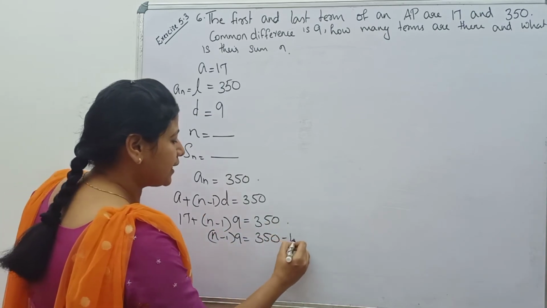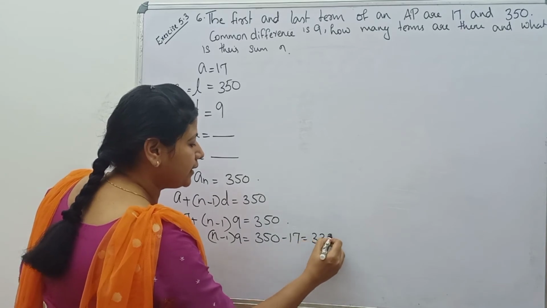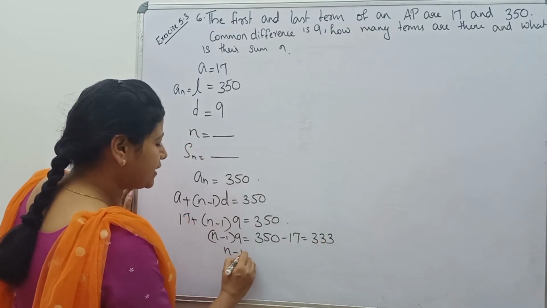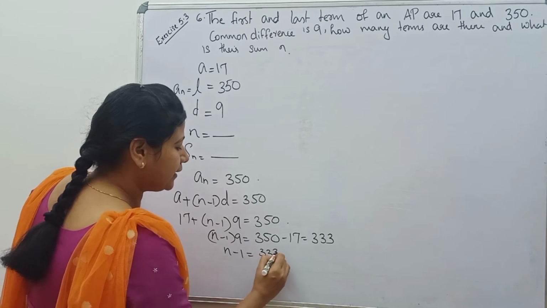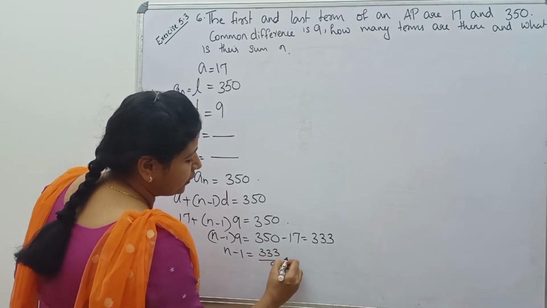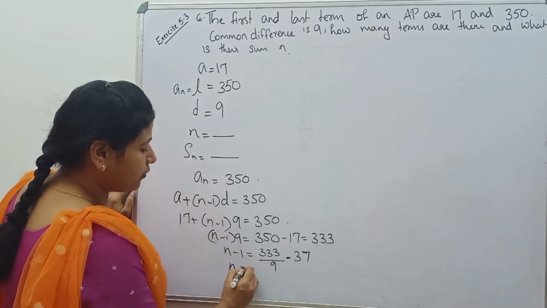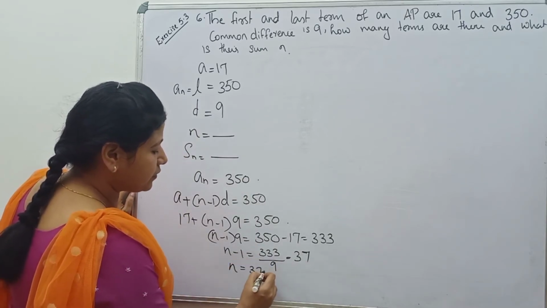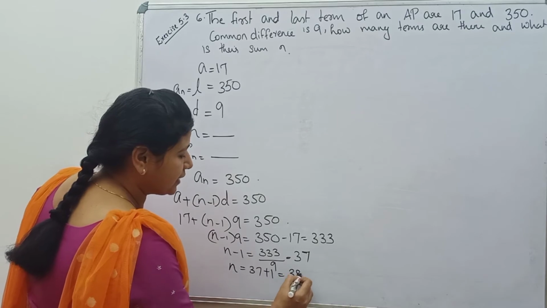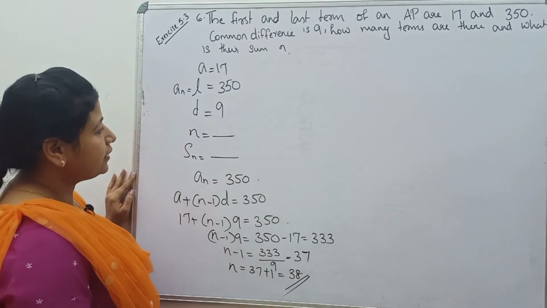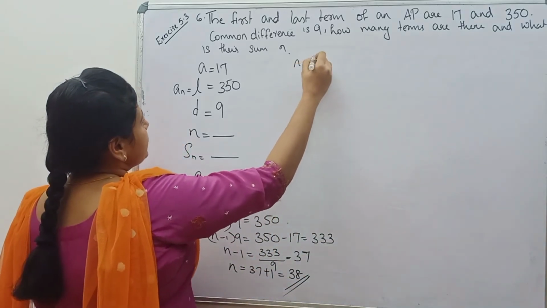Taking the 17 to that side, you will get 333. That means n minus 1 equal 333 divided by 9. So you will get 37. And n equal to 37. This minus 1 will become plus 1. You will get 38. So n equal to 38. So we got n as 38.